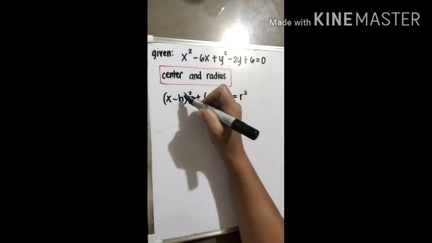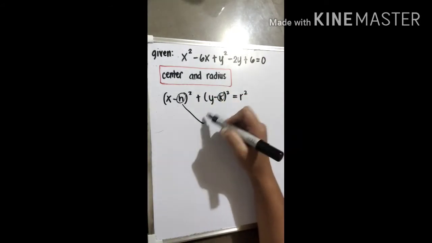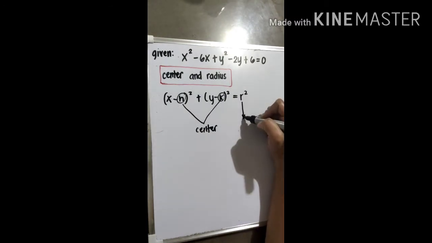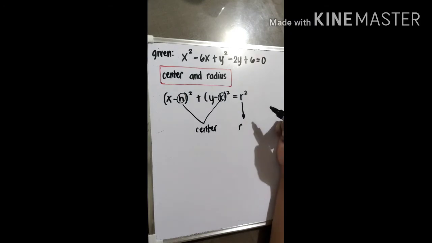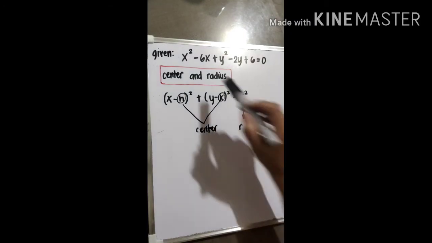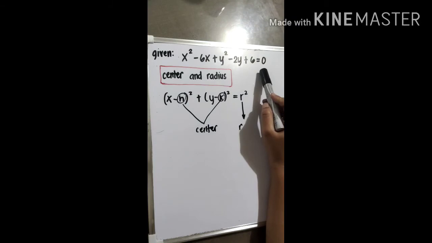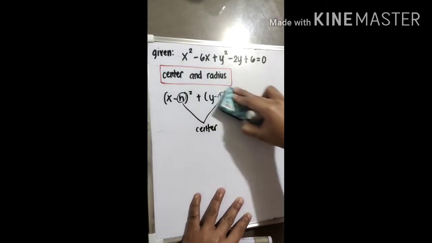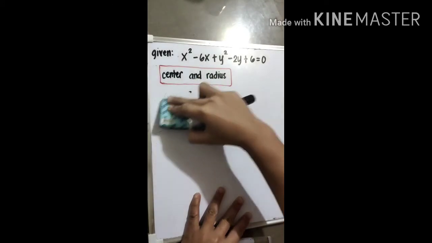Here we have h and k, which are the coordinates of our center. And we have here also the radius, which is of course our r. So we will be changing this equation into standard form. To do that, we will use the process of completing the square.